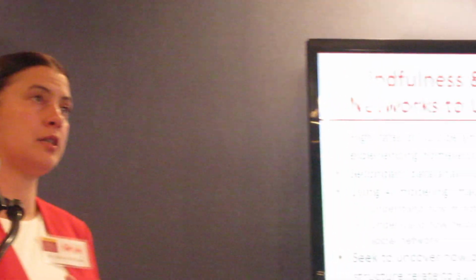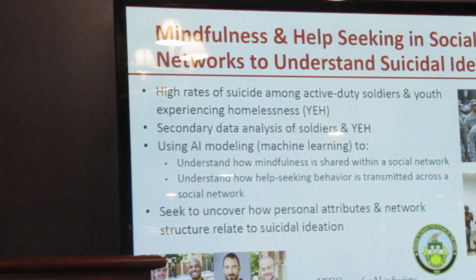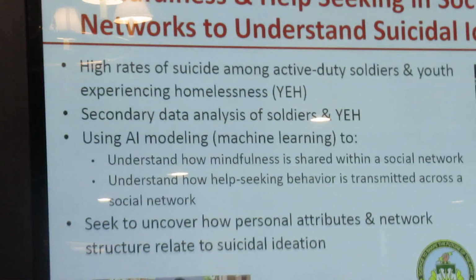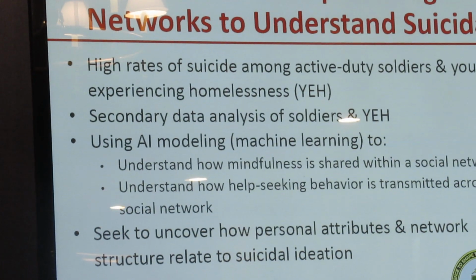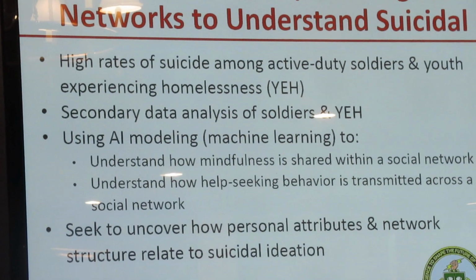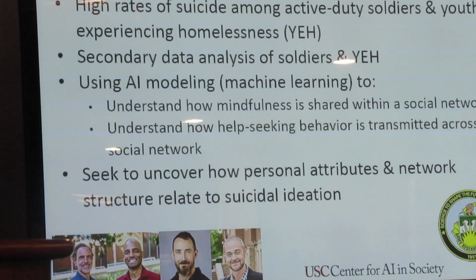in particular looking at mindfulness. Mindfulness is a practice that has been shown to have a positive impact on mental health. And so they're looking at, can we increase mindfulness adoption by understanding the social network, meaning how people talk to each other and spread information about practices such as mindfulness among them, as well as help-seeking behavior.